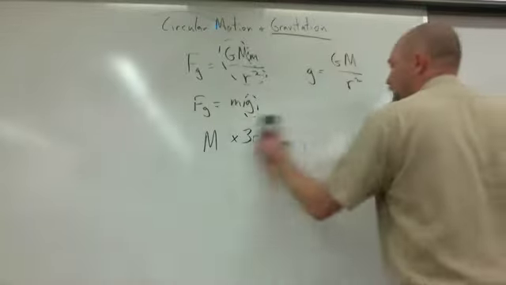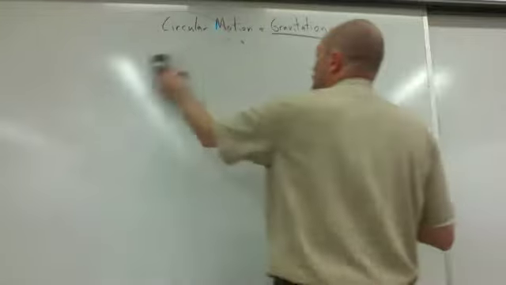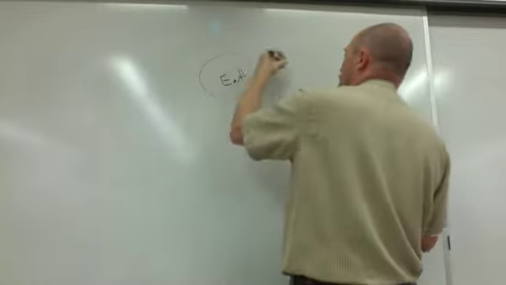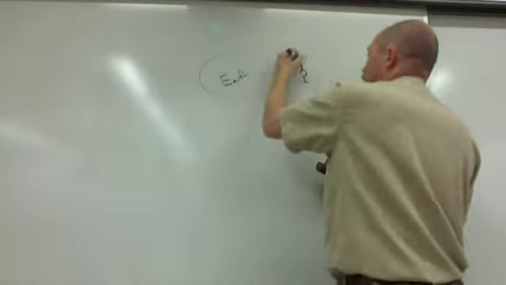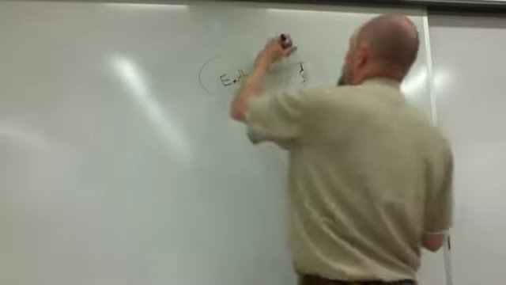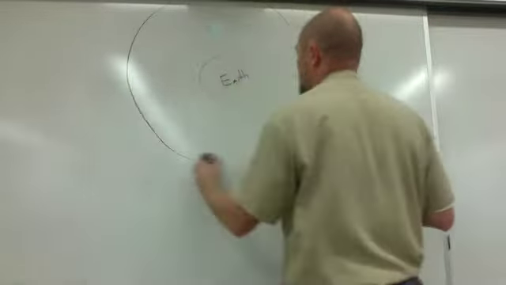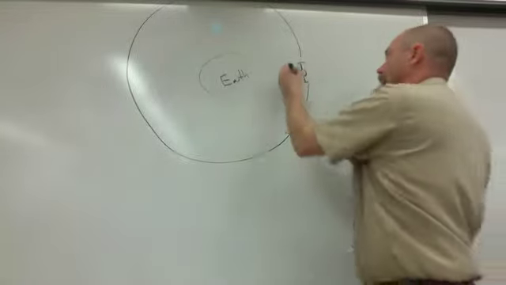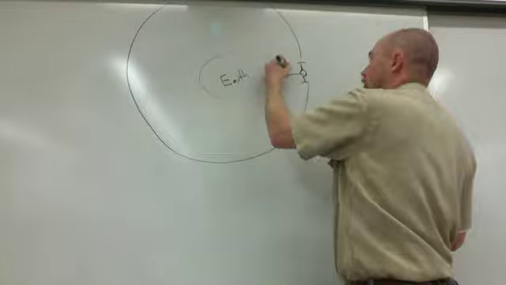The whole reason we put gravity in this unit is, if I have the Earth and some random spaceship orbiting the Earth, for some reason it looks like a TIE fighter, going around in a circle, now I do the steps. The only force acting on it is Fg.